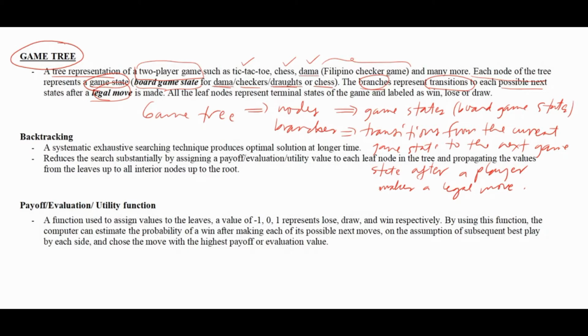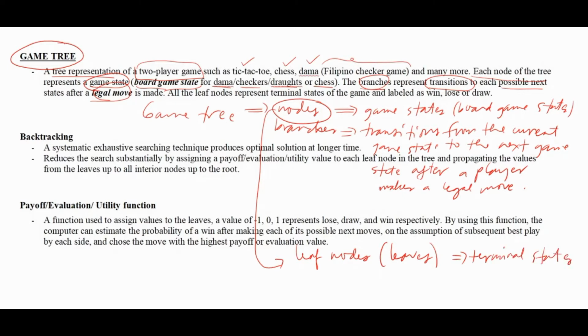Among these nodes in a game tree, some are called leaf nodes or simply leaves. The leaves represent terminal game states, terminal because this is when the game is already over and therefore has an outcome.